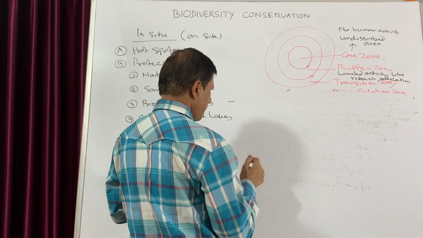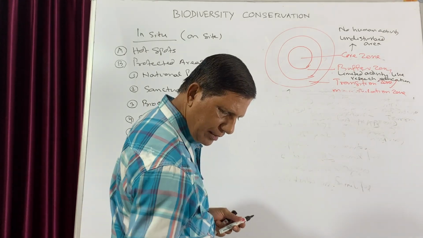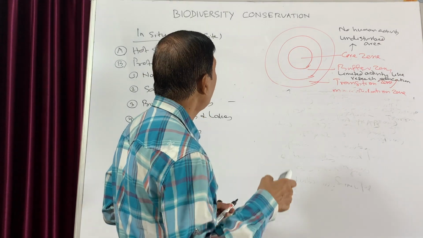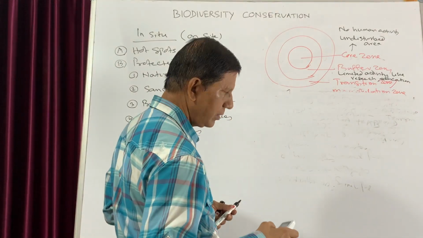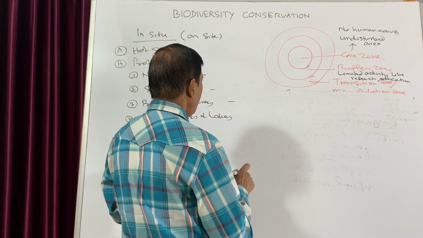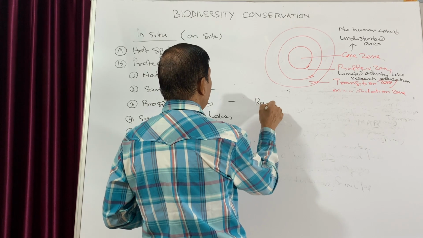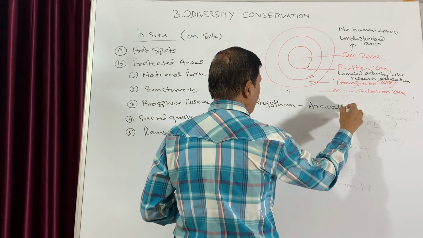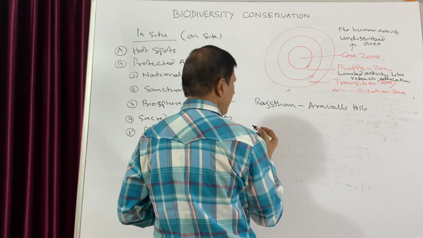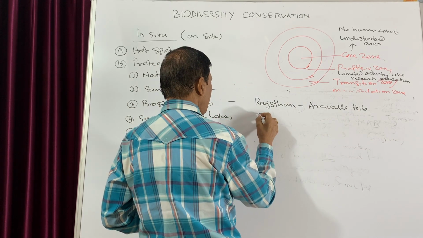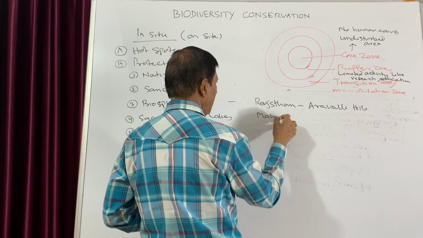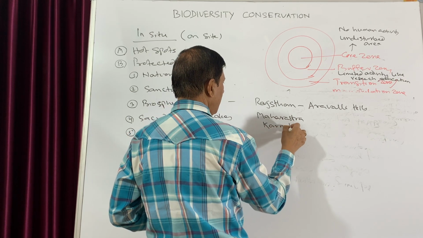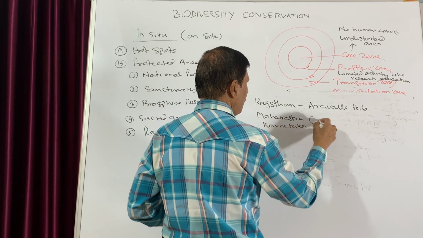Some of the sacred groves, if we take, one is in Rajasthan, the Aravalli Hills. Then you can take this in case of Maharashtra and Karnataka, the Western Ghats.